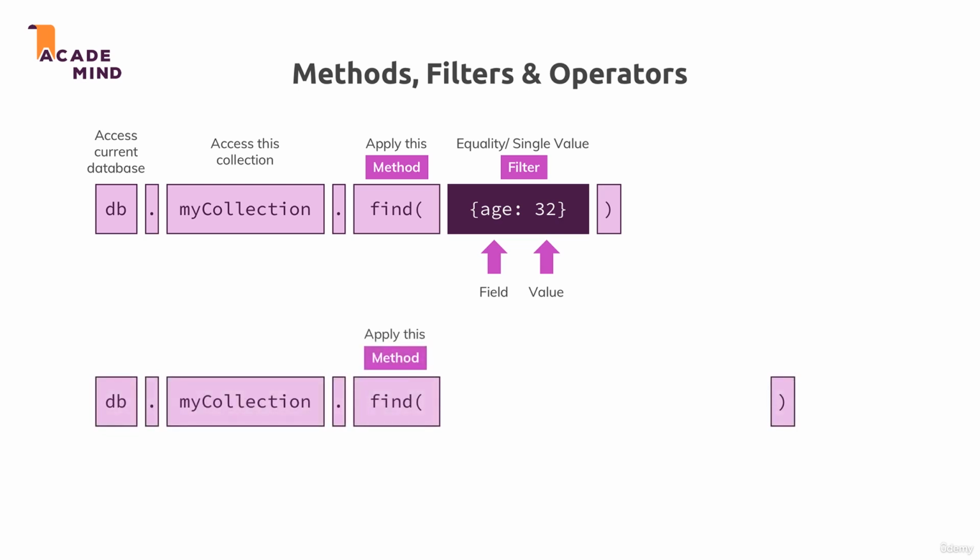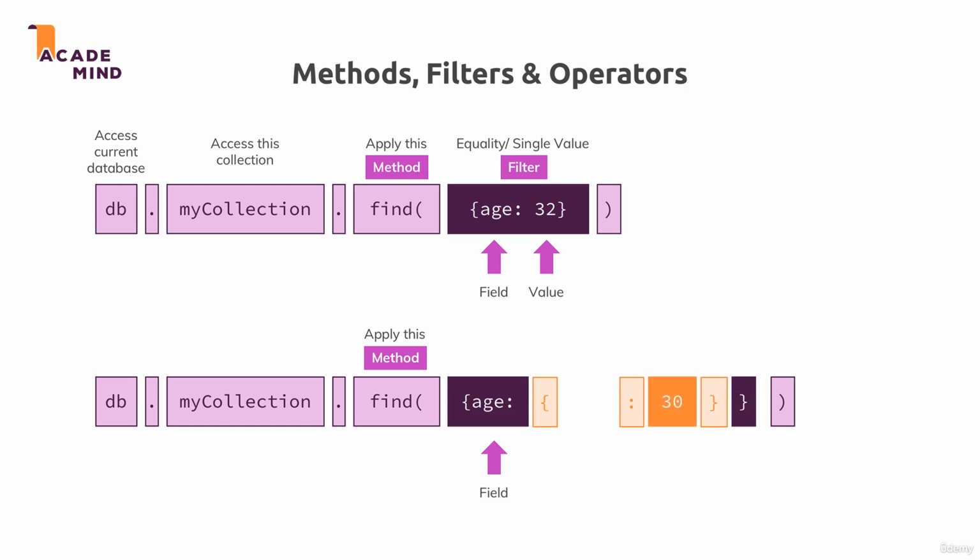Now you can also use more complex filters where you, for example, see something like this as a value, where you have another document as a value, which in turn has a value, and where the field is then an operator. And you can recognize operators by the $ sign at the beginning.